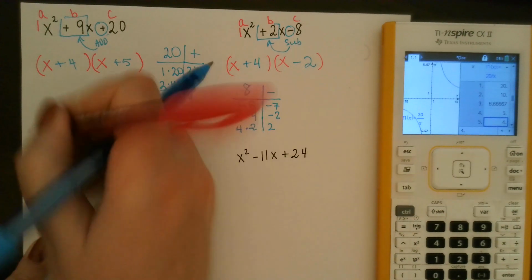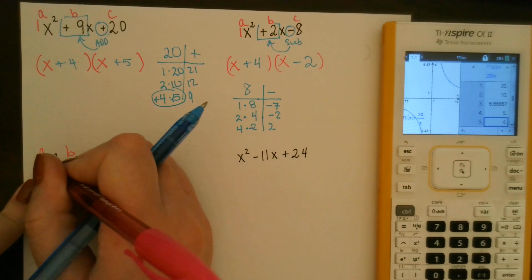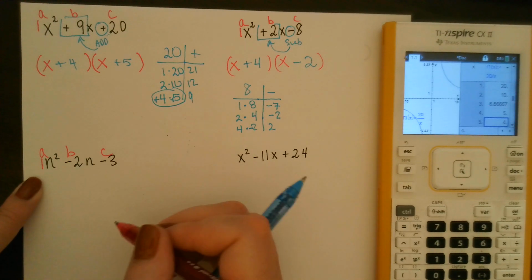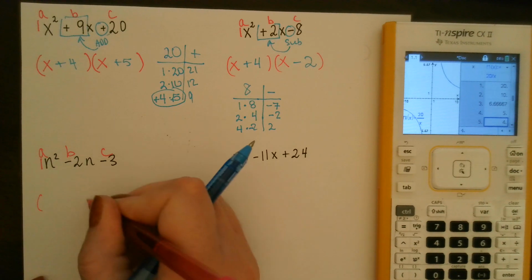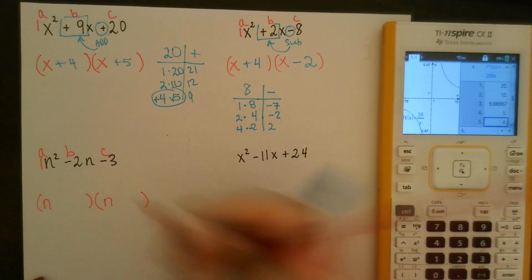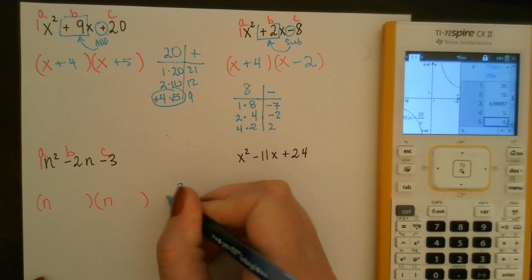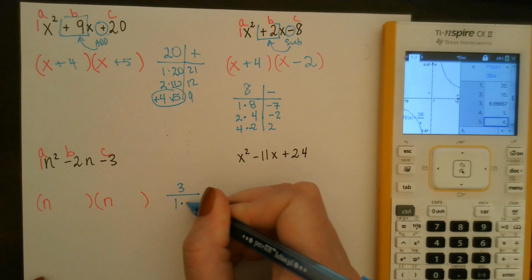Now we have this example. We check our A, B, and C values. All we're really checking is that this value in A's spot is 1. We set up our parentheses, our variables, and now we find factors of 3. Well, those are just 1 times 3.